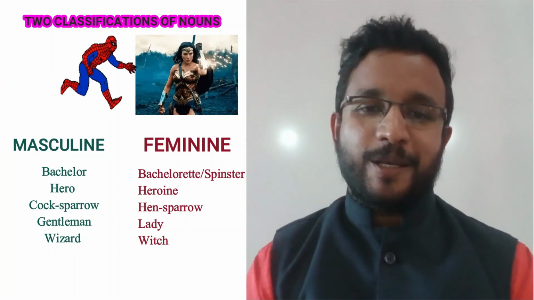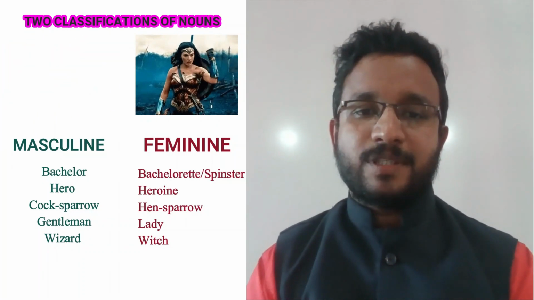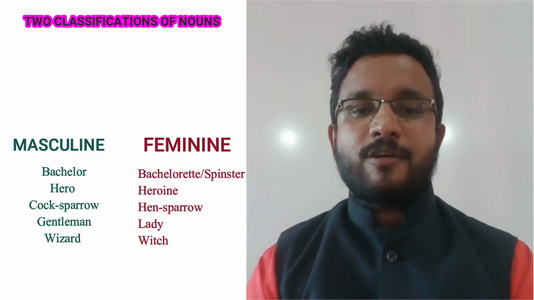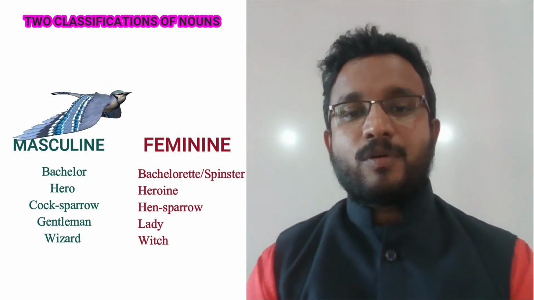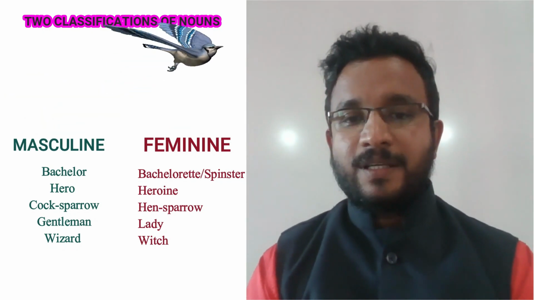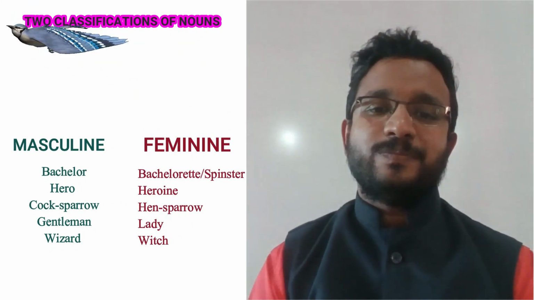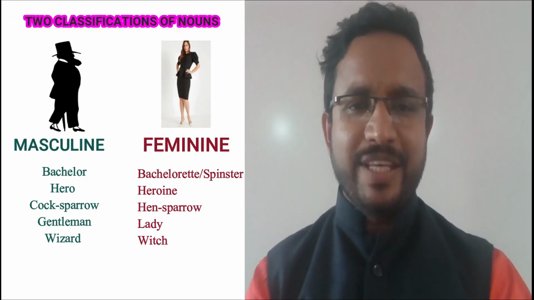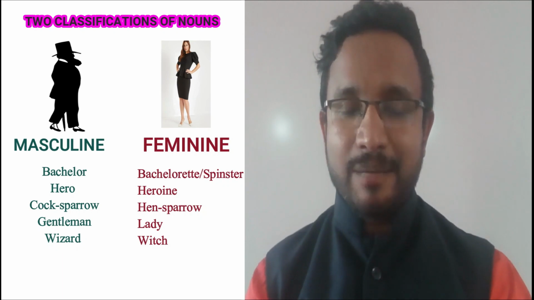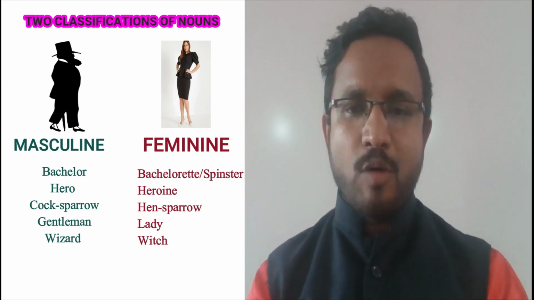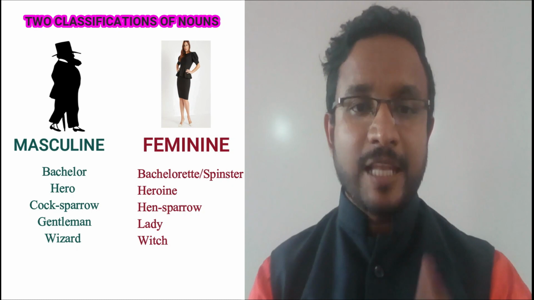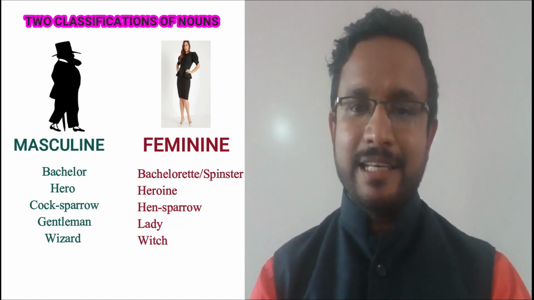What is the feminine gender of hero? That is heroine. Now, what is the feminine gender of cock sparrow? That is hen sparrow. You must be familiar with this sentence, ladies and gentlemen. And what are the nouns used here? Ladies, gentlemen.